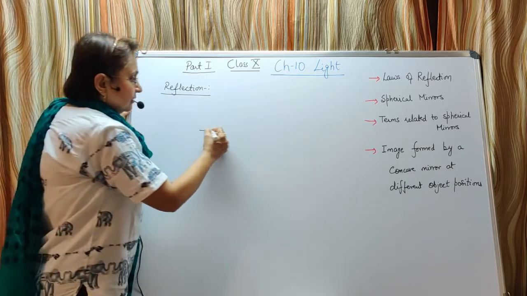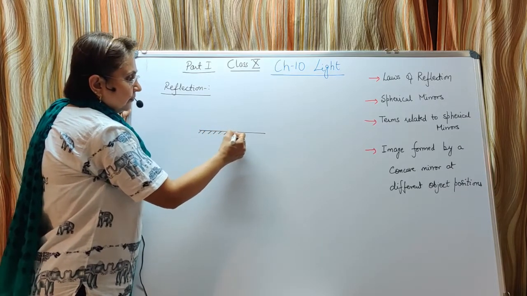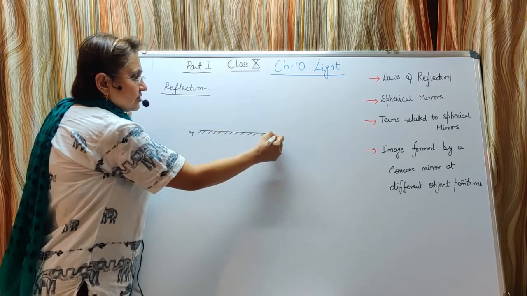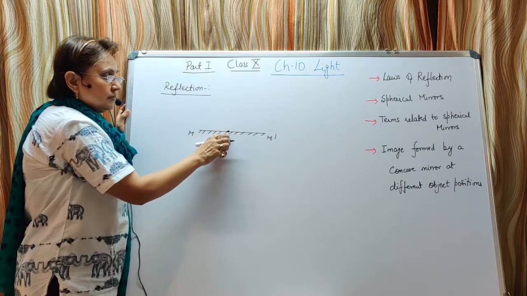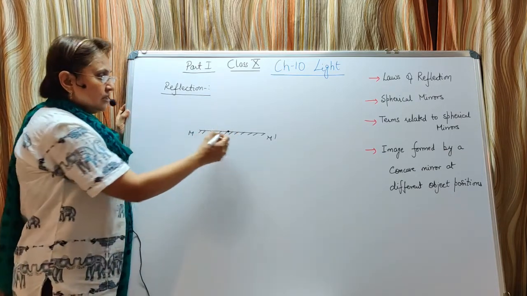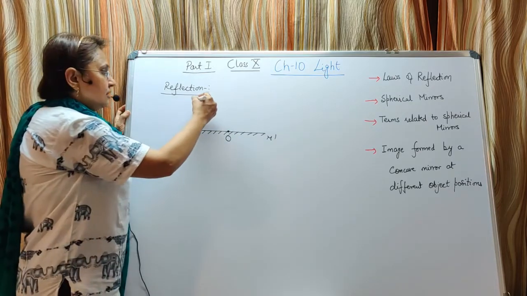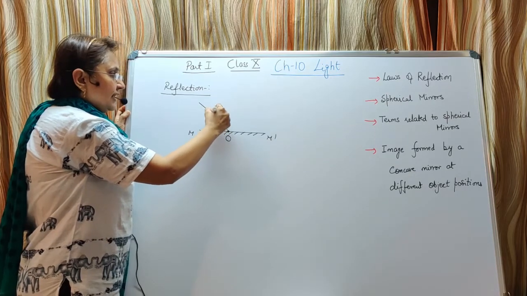Now let MM dash be a plane mirror. MM dash is the surface of a plane mirror. Let us consider a point over here where the light is incident. This point O is called the point of incidence. At this point, the ray of light is incident.